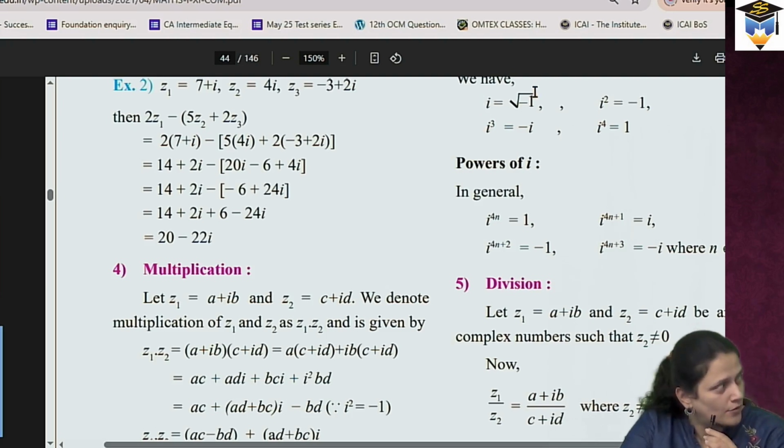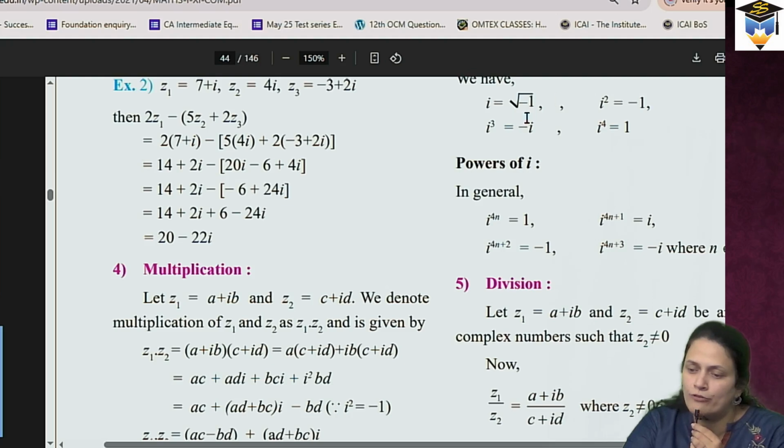And then write this down: i is equal to square root of minus 1, i square is equal to minus 1, i cube is equal to minus i, and i raised to 4 is equal to 1. Write these 4 points.